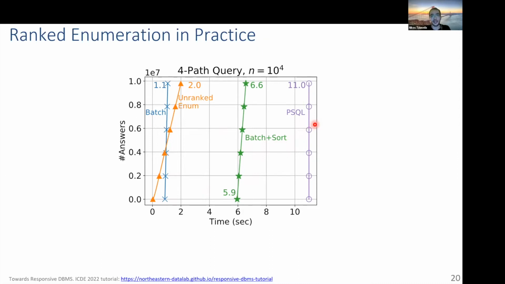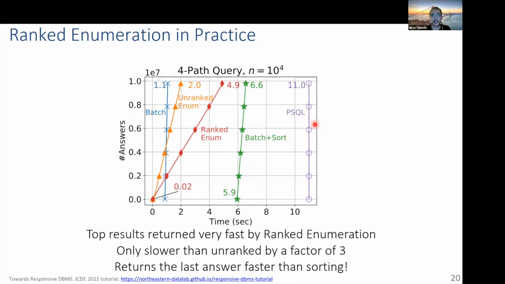But ranked enumeration can start returning the top answers very, very quickly, in 0.02 seconds here, and not only is it faster in the beginning, but you can see here that it's actually faster also at the end. And this is not an accident.